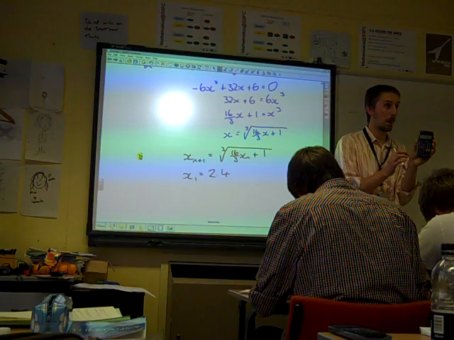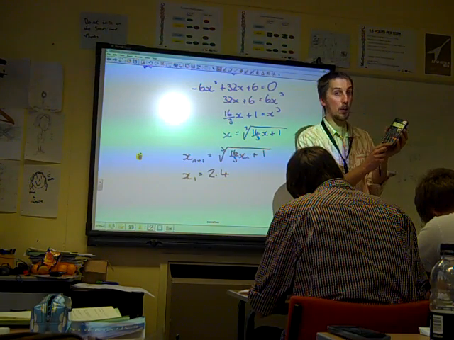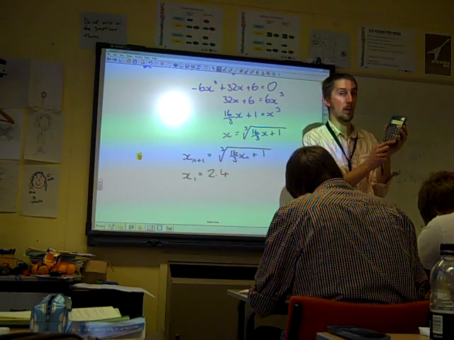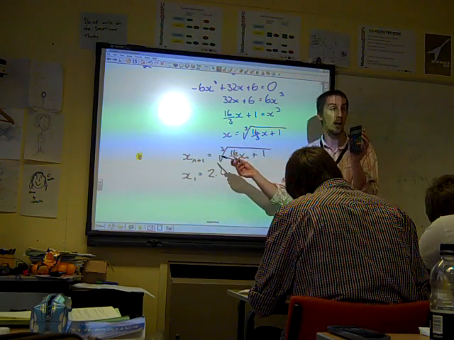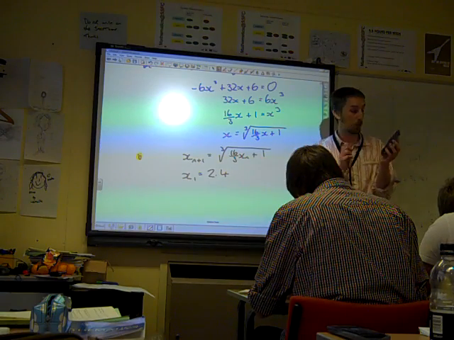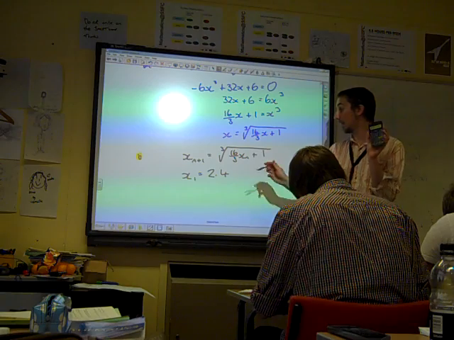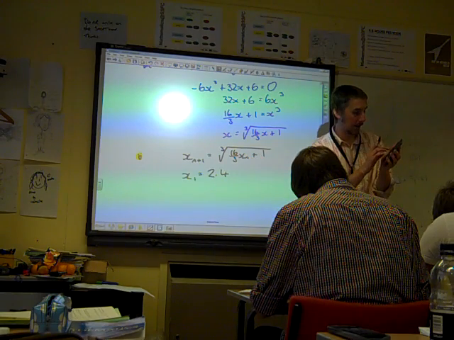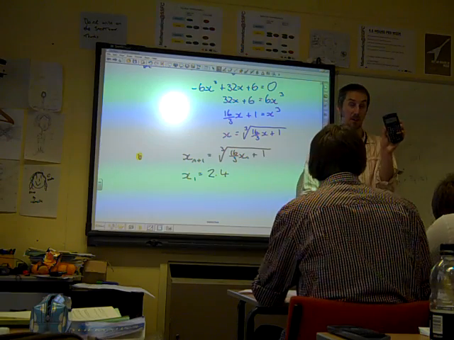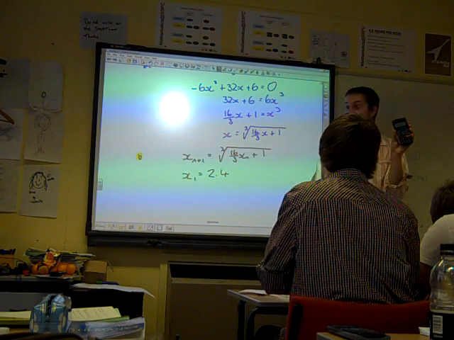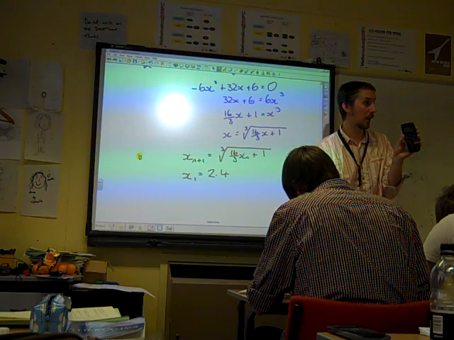You start by typing in your first value, so 2.4, and pressing equals. Then once you've done 2.4 and equals, you put in your iterative formula. So it's the cube root, which on most calculators you've got a cube root button, of 16 over 3 times Ans plus 1, and make sure that's all inside the root sign.